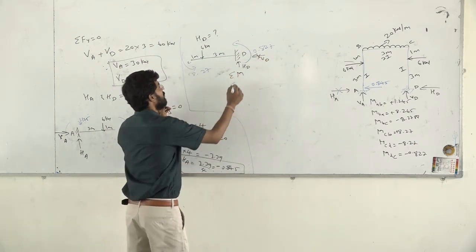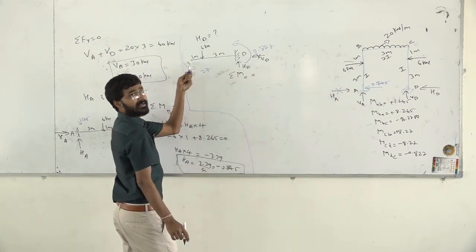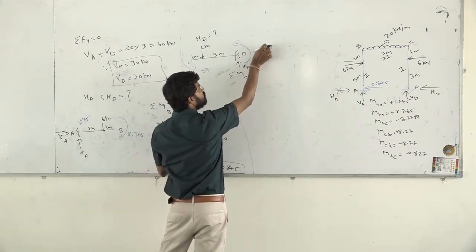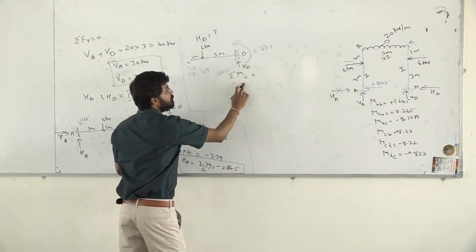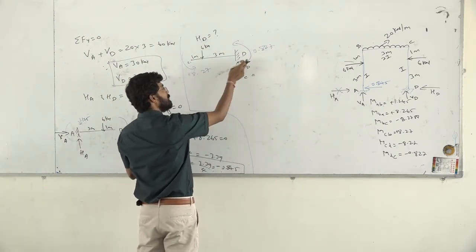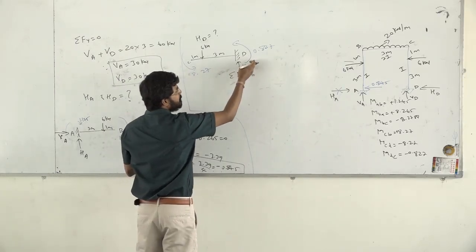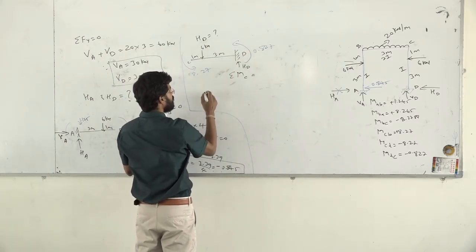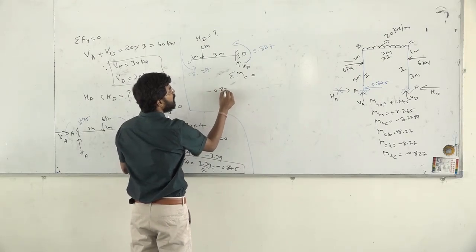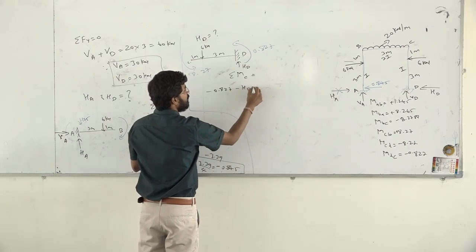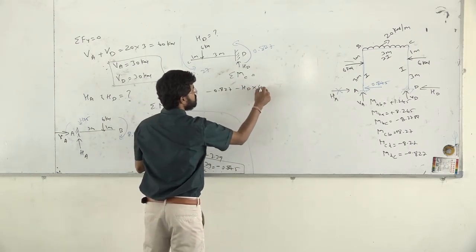And still, if you take your moment at point C, this VD is not going to come. So we don't want to have this VD. So let us go with our moment at point C. Now you can come from either point D or point C. Let us come from our point D, which is acting in anti-clockwise direction. So minus 0.827. This is also going in anti-clockwise, so minus HD into the distance, which was 4.